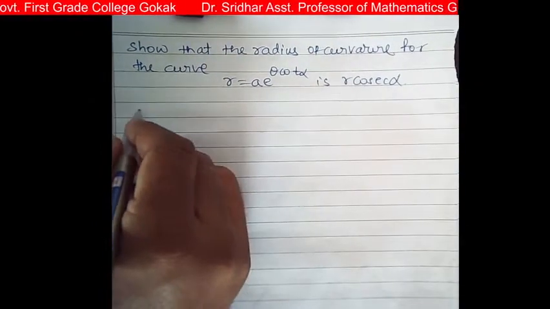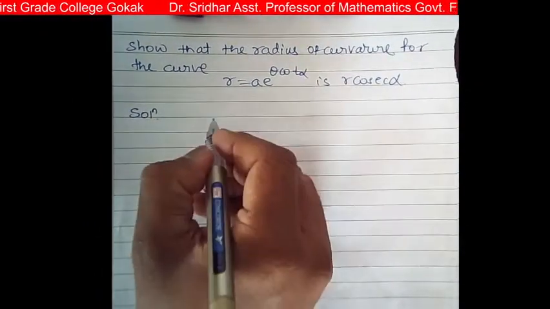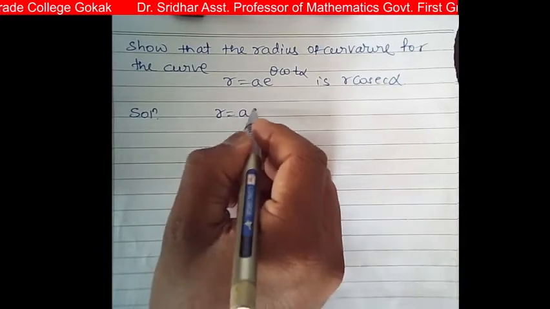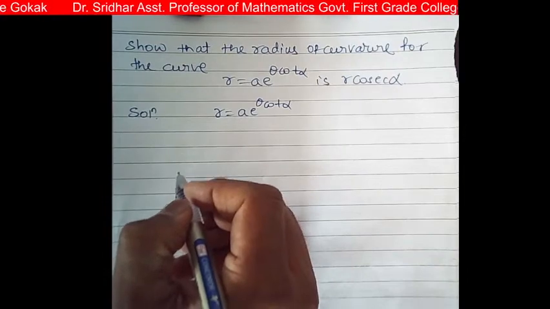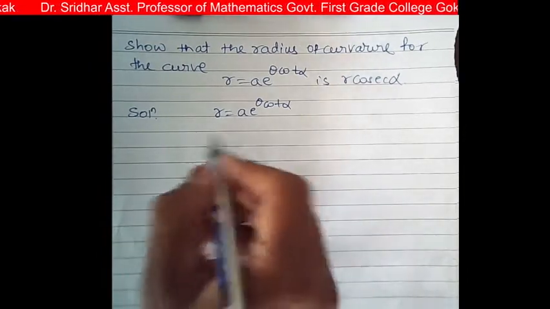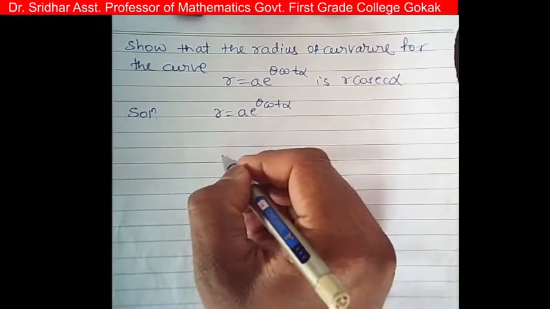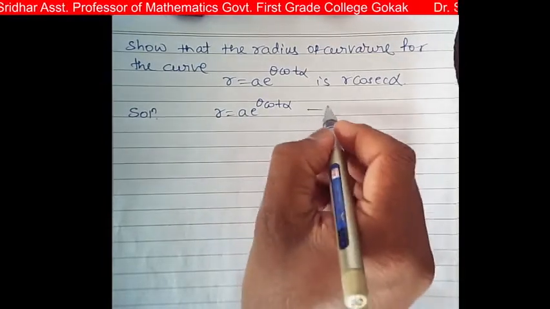So now the solution. First write the given equation, r is equal to a e raised to theta cot alpha. Now either you can take log or you can directly differentiate. Call this equation 1.